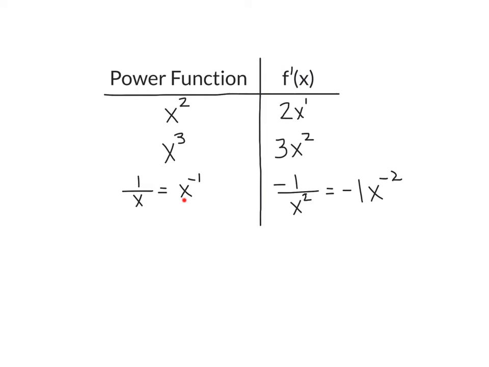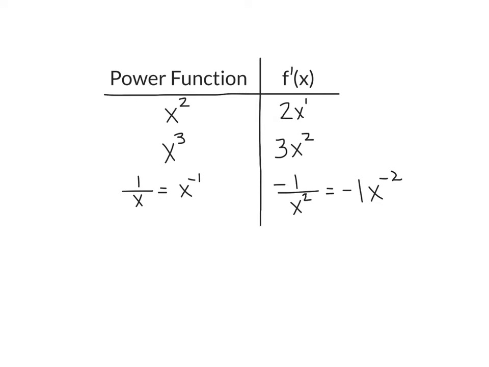Same thing with x to the negative 1. Bring that exponent out in front and make it a coefficient. Here's the negative 1 coefficient in the derivative. And then we subtract 1 from the exponent. So this negative 1 now becomes a negative 2. So now we've identified a pattern that is happening with the power functions and their derivatives.